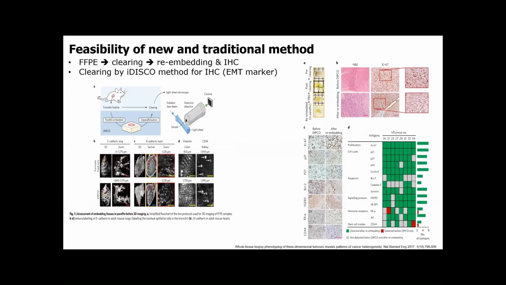The main core of non-destructive tissue scanning methods is tissue clearing. Clearing chemicals should not change the biochemical properties of the tissues. This paper reported immunohistochemistry results before and after tissue clearing to check the influence of the clearing solution or method.